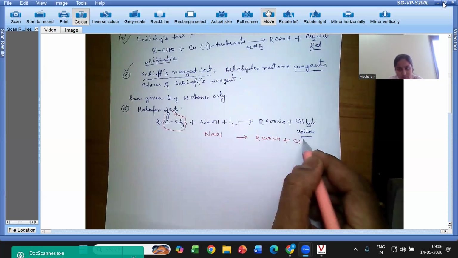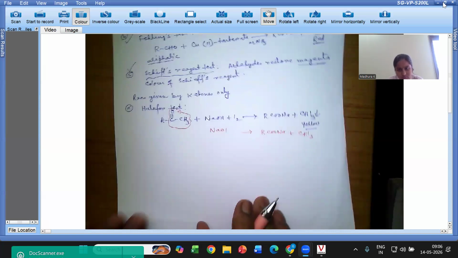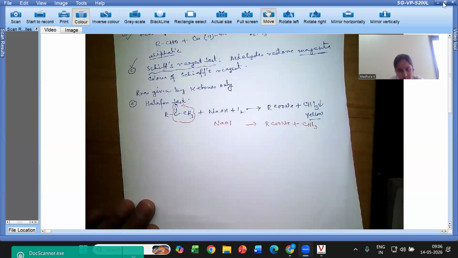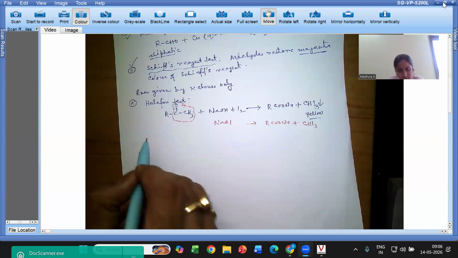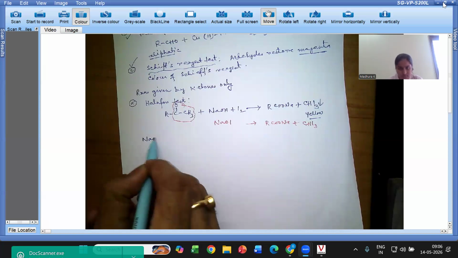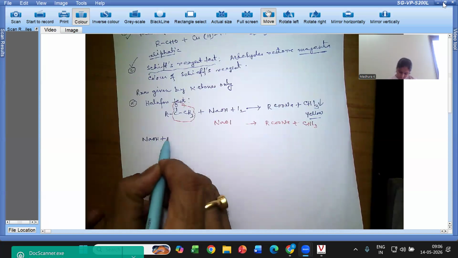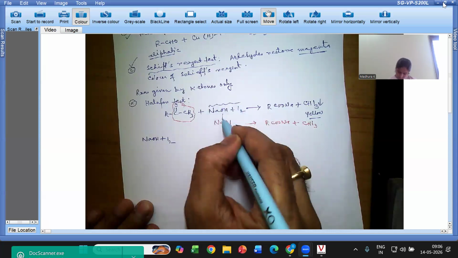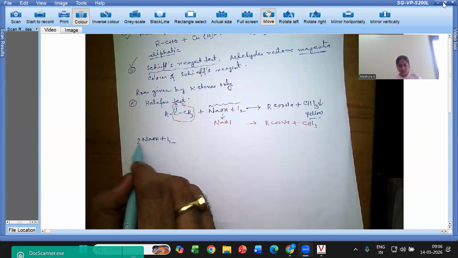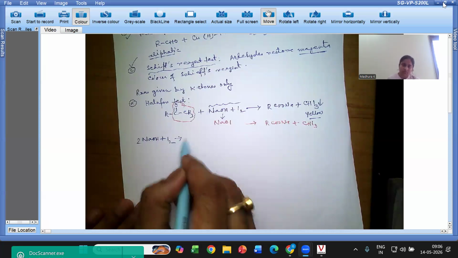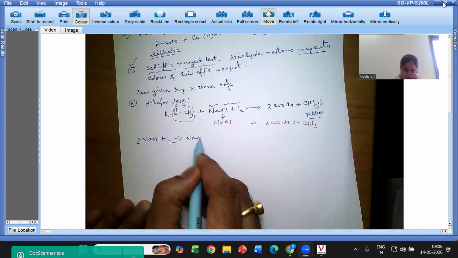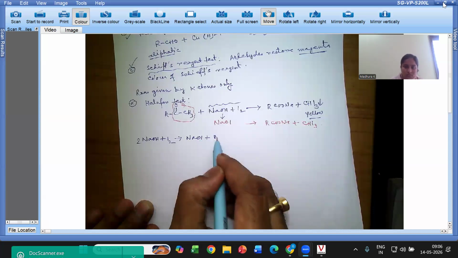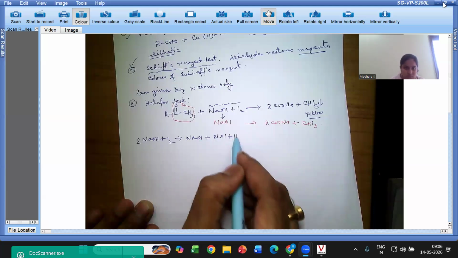Now go back to your class 11 standard chemistry. If you take NaOH plus iodine, this is the reagent. Take sodium hydroxide and iodine, you will get NaOI plus sodium iodide and water.